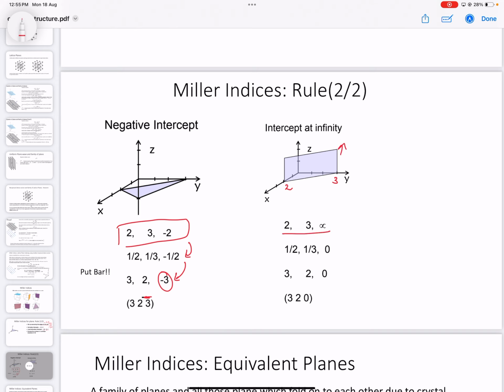Then these are the intercepts. You take an inverse of intercept and multiply it with 6, you will get 3, 2, 0. One thing, if you see in the Miller index any 0, that means you should ring a bell that there is at least one axis where the plane is not intercepting at all, right?